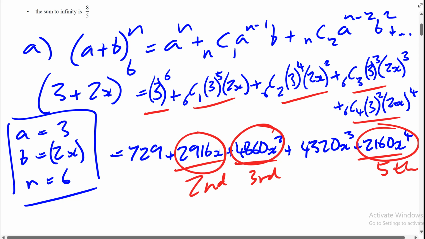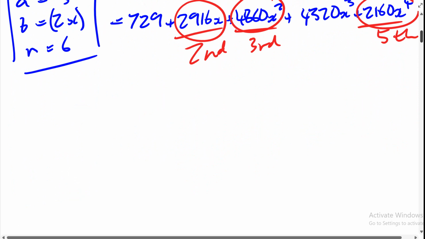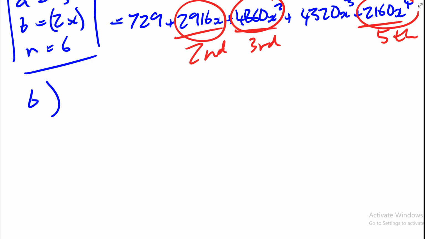Then for part B, it says these terms form a geometric series for a particular value of x. So let's find that value of x. What the question is saying is that if it's a geometric series, then this term divided by this term will equal this term divided by this one.